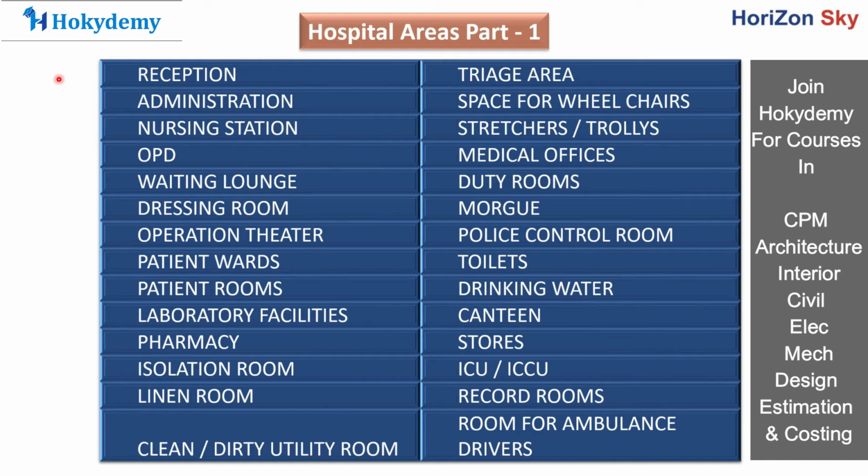Next, we have the dressing room. Of course, as we know, doctors need a special kind of dressing. It might range from aprons to PPE kits, the personal protective equipment kits. Then they need various types of latex gloves, masks, and a hard hat sometimes.